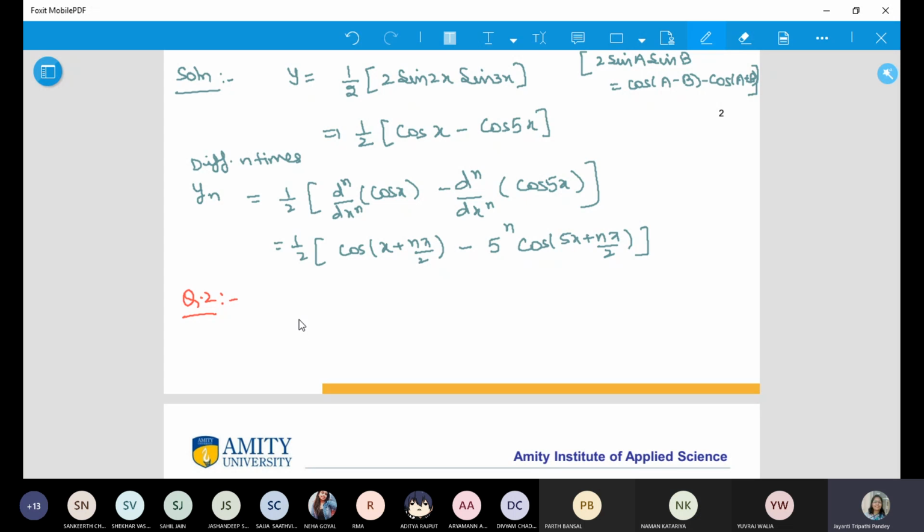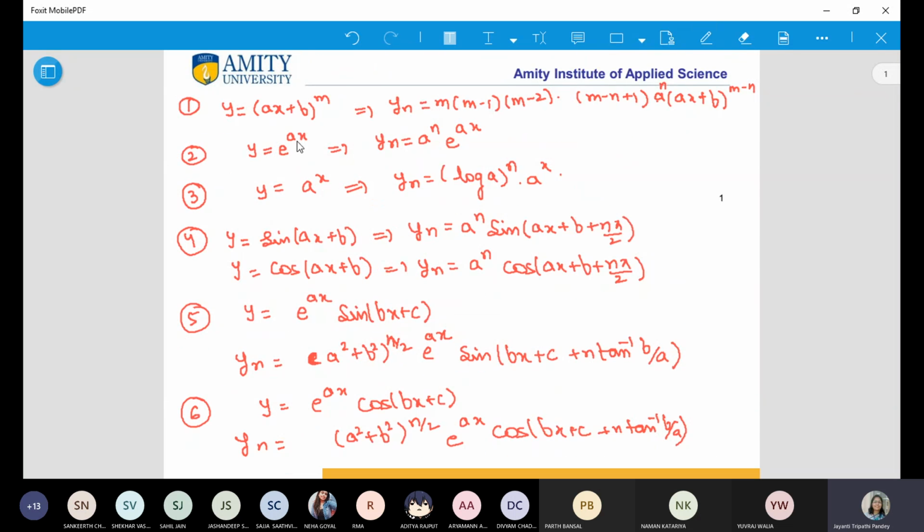Now write down the next question. Find the nth derivative of the given expression. Now whenever you find this kind of structure, the first thing we have to do is to try and convert it into the known format. And what is the known format for us?